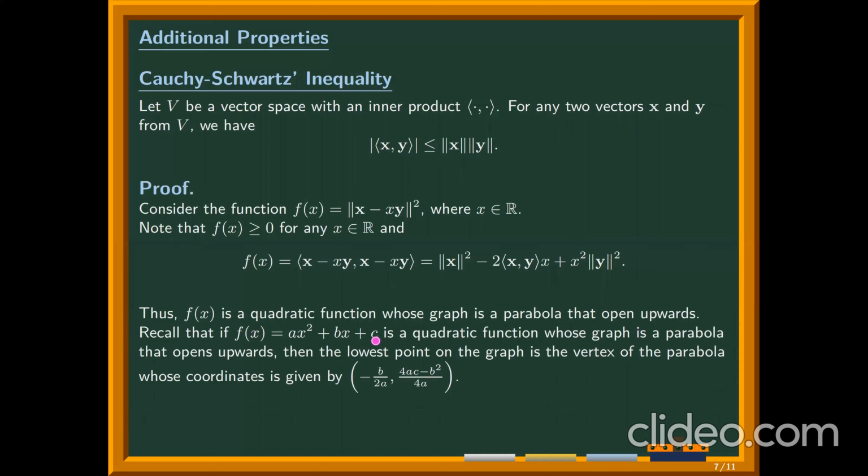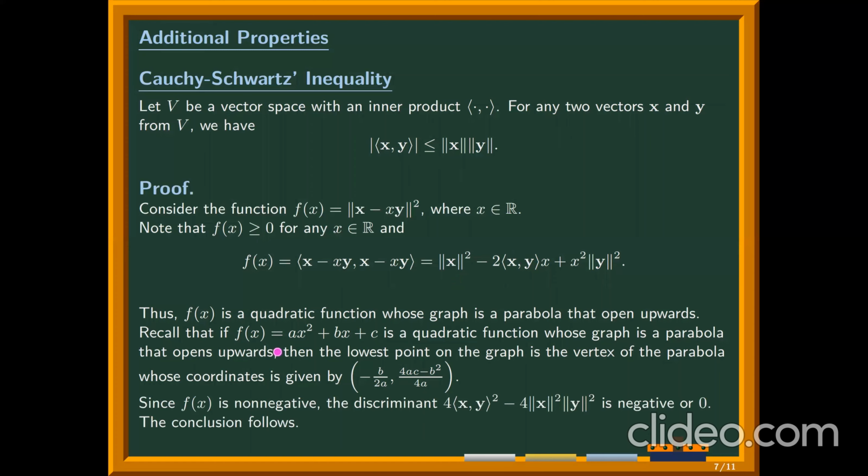And recall that if you have a quadratic function of this form whose graph is a parabola that opens upwards, then the vertex, which is the lowest point on the graph, has coordinates given by this in terms of the coefficients of the quadratic function. So in our case above, a is equal to the square of the magnitude of y, b equals negative 2 times the inner product of x and y, and c equals the square of the magnitude of x.